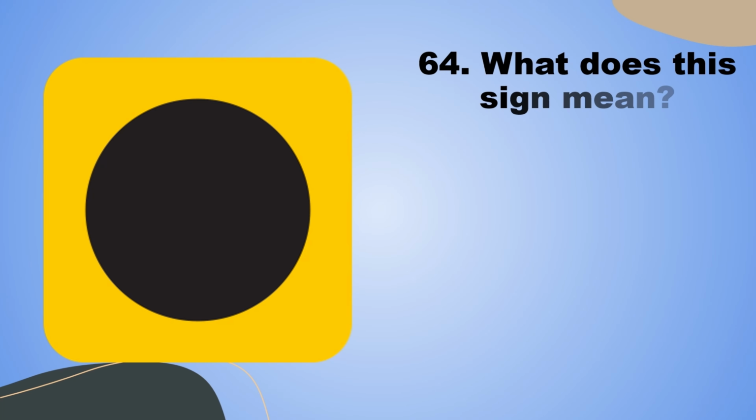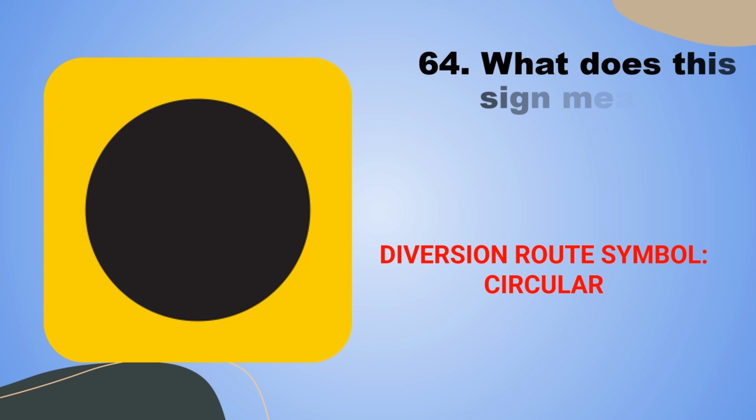What does this sign mean? This is actually a diversion route symbol, in this case, a circular or a round symbol. I'm sure that if you have been driving on the road or if you've been a passenger and you've seen diversions, you normally see these signs as well.